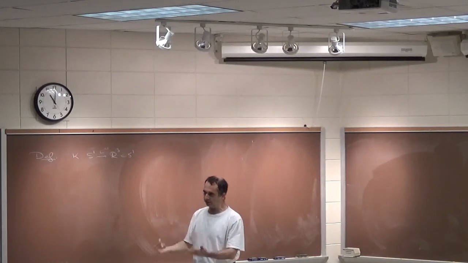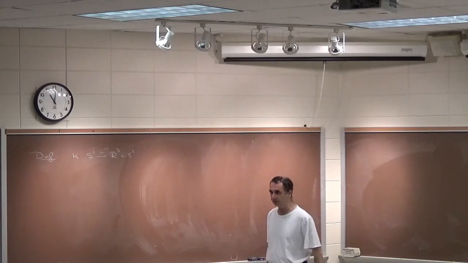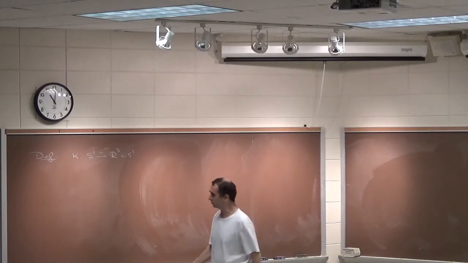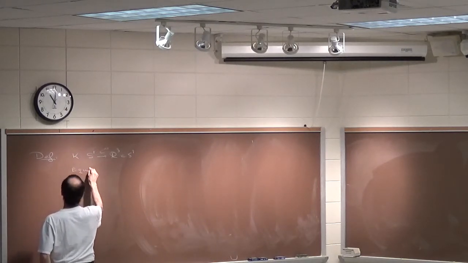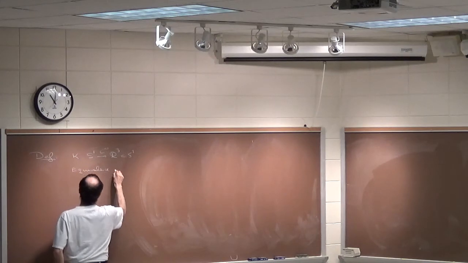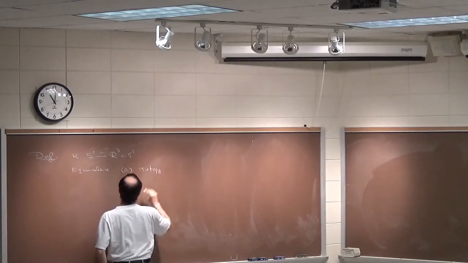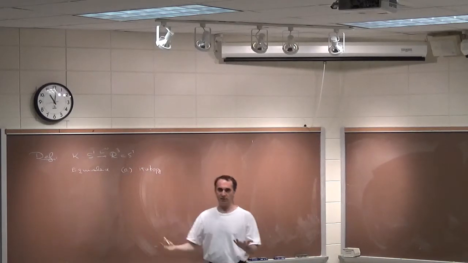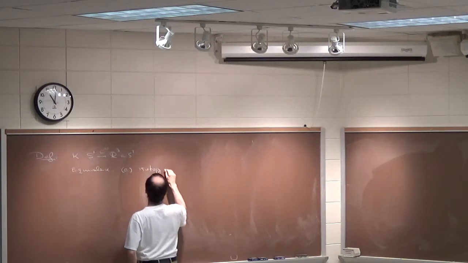Whenever you define an object, the first question is what are the equivalence relations, and I will define 2. The natural one is to try to understand knots up to isotopy. Let me remind you what an isotopy is.